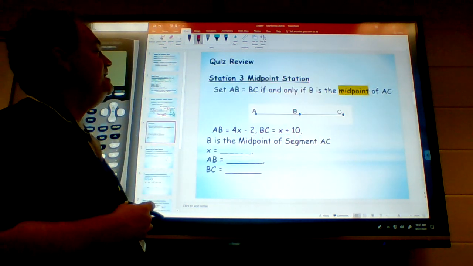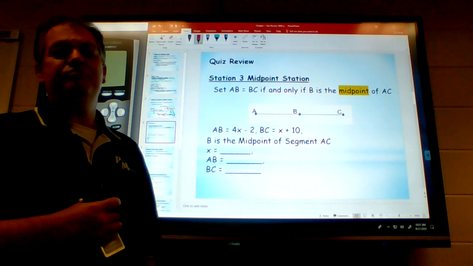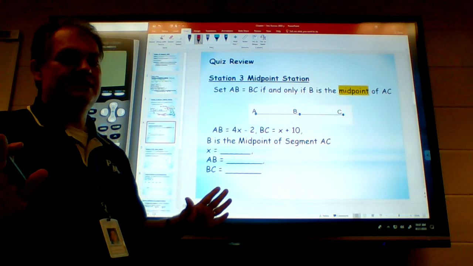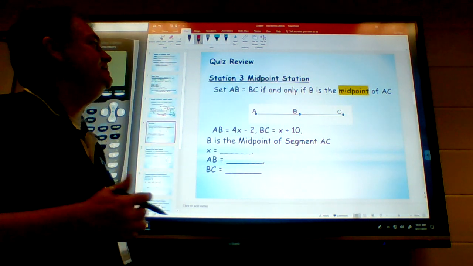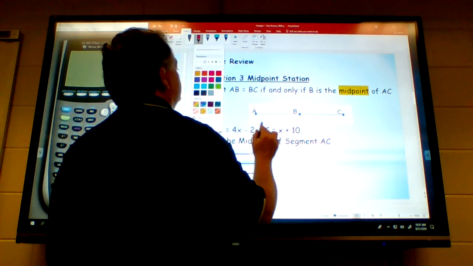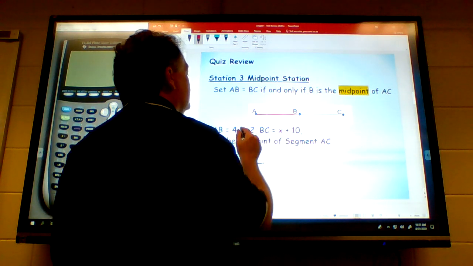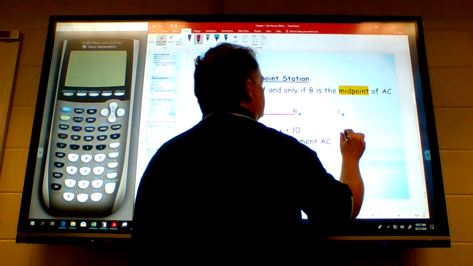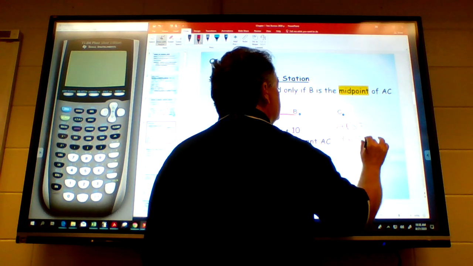What happens when I'm given the midpoint? Now the one word, midpoint, changes everything. You don't have to add anything together. You just simply set them equal to each other. So that's what we're going to do right here. AB has a value of 4x minus 2.